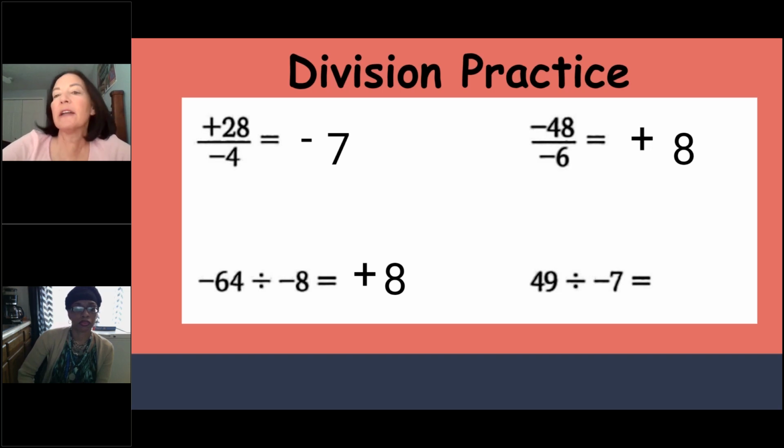And so our last practice problem is 49 divided by negative 7. So it's a positive 49 divided by negative 7. So will our answer on that one be a positive or a negative? A negative. Negative is correct. So what is positive 49 divided by negative 7? Negative 7. That's it. Perfect.